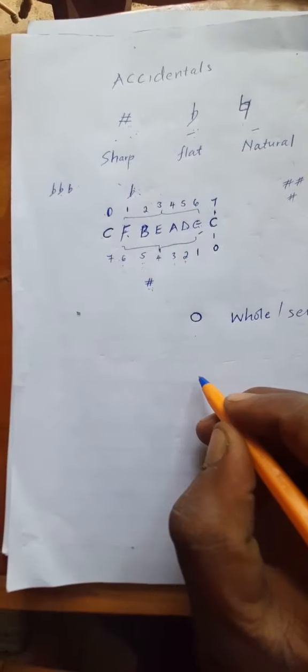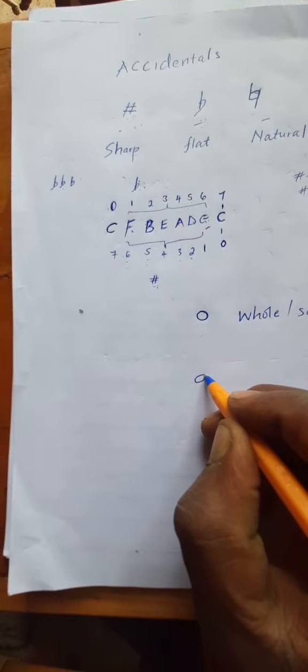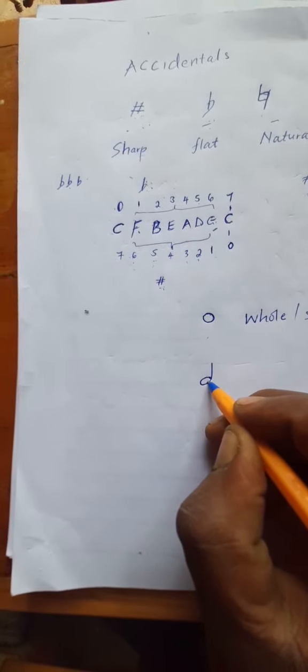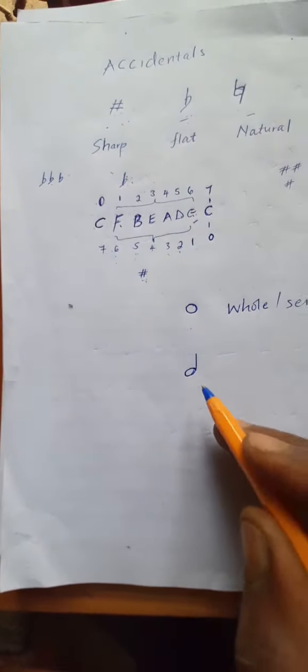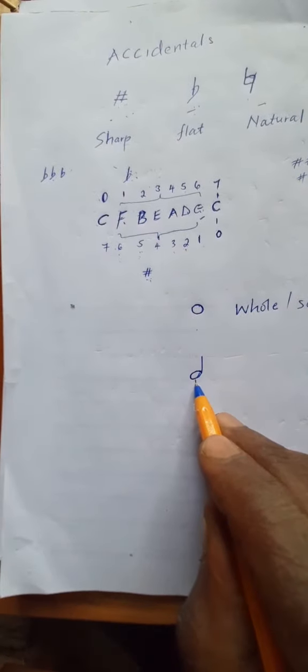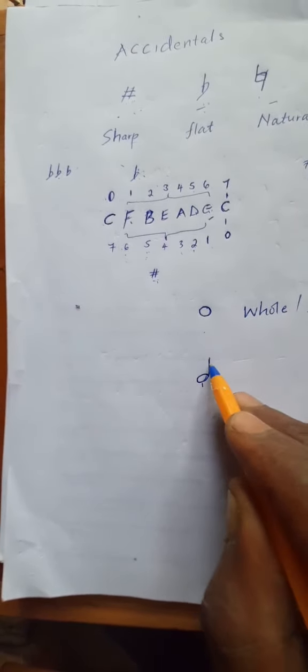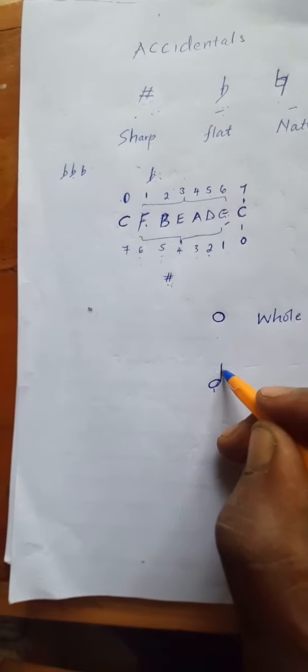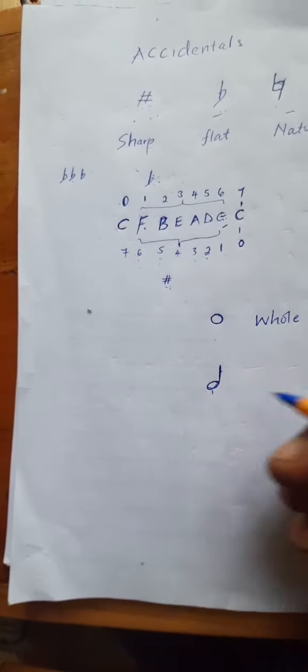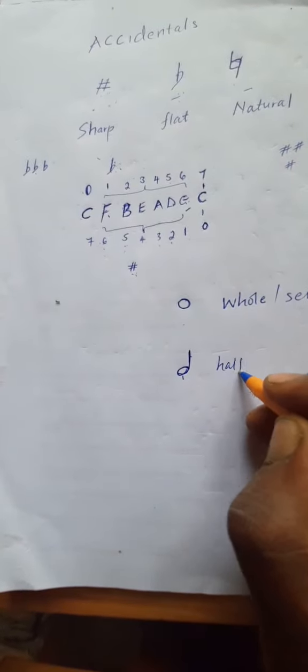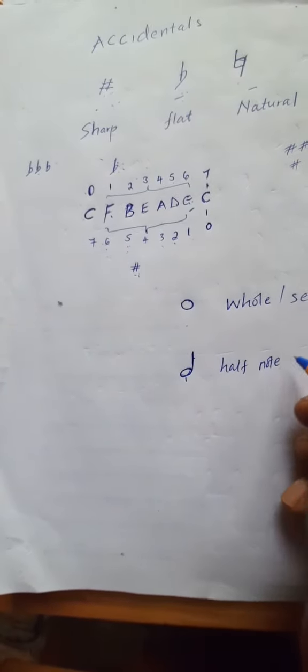Now, that is a semi. There's this one here. It has got a head and a stem. Good. When you want to talk about notes, this is what we call a head. Then this line here is a stem. A stem is just a stem. Now this one, we call it half note.